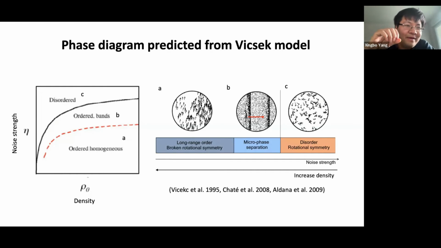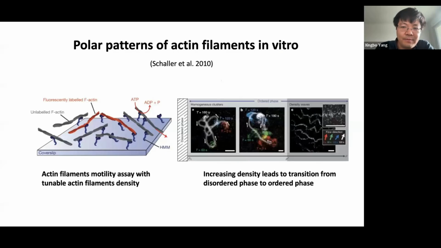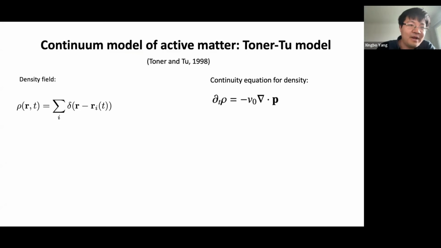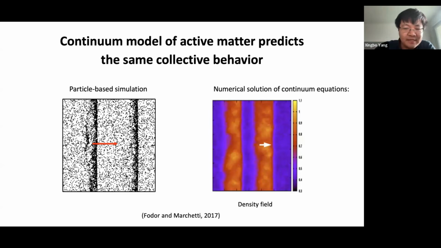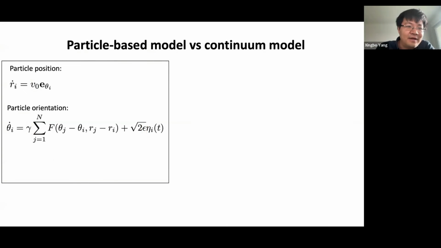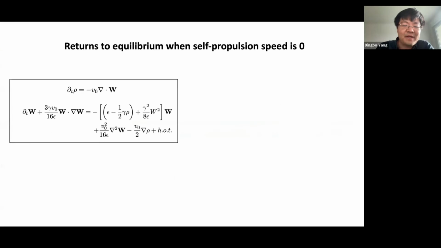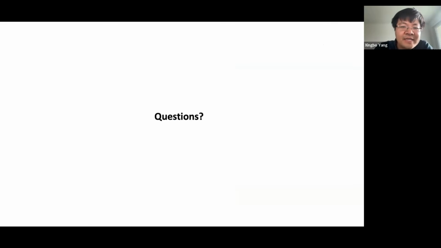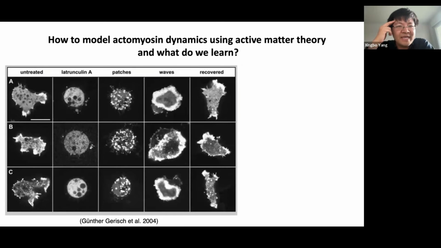Maybe this is a good point to go into those case studies, to show you that some of those phenomenological models might be relevant for biological systems in terms of phase transitions and collective behaviors. This will also probably answer the previous question about why there is dense clustering in a dilute background. So let me move on to the case studies.